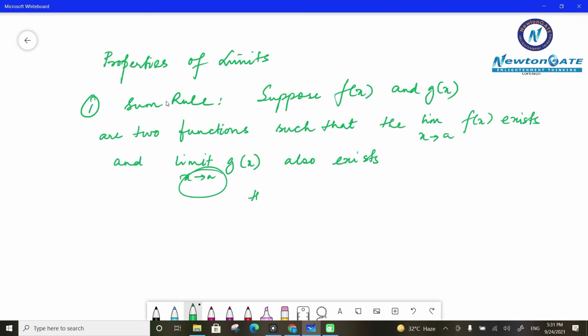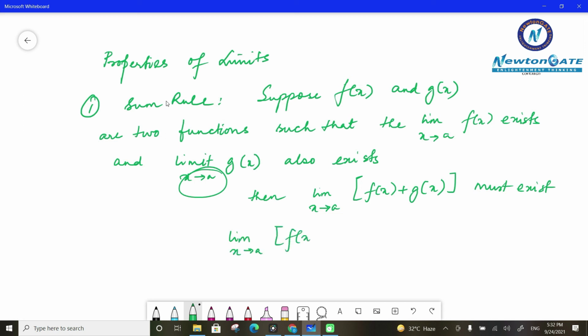So then the limit as x tends to a of f(x) plus g(x) will exist, and what will be the value? This is where it gets interesting. It will be equal to what I would get if I had separately taken the limits, that is the limit as x tends to a of f(x) plus the limit as x tends to a of g(x).